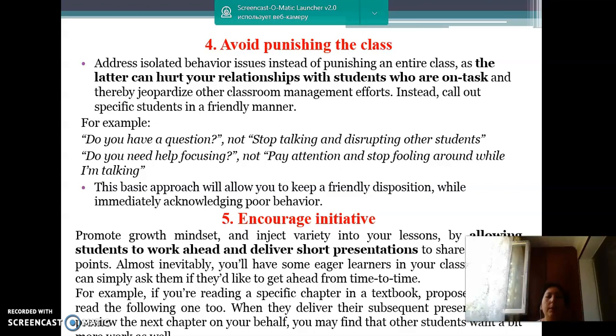You can simply ask them if they'd like to get ahead from time to time. For example, if you are reading a specific chapter in a textbook, propose that they read the following one too. When they deliver their subsequent presentation to preview the next chapter on your behalf, you may find that other students want a bit more work as well.